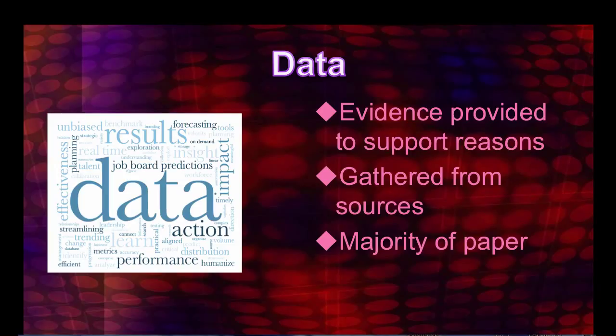It's very simple. The claim is one or maybe two sentences at the end of the introduction. The reasons, as we saw, there were 6 of them for this particular paper. Each one of those reasons has to be supported by data. The data, since the reasons are sentences that introduce sections of your paper, obviously there's going to be more than one sentence in each section that provides evidence that supports that reason in Toulmin terms.